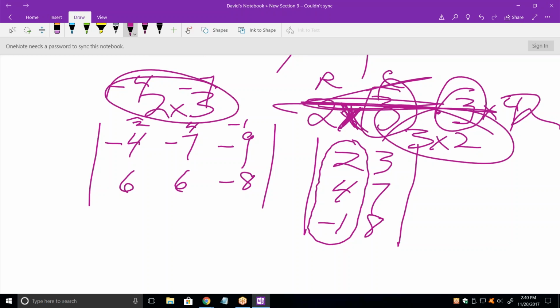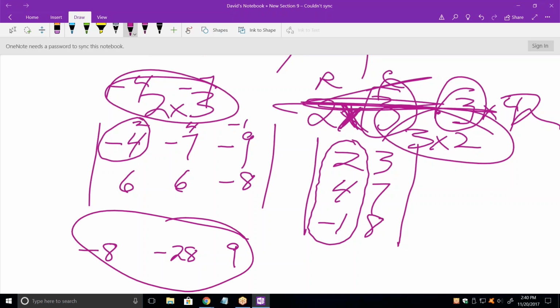Now I'm going to multiply that to get -8. That one becomes -28. That one becomes +9. Add those 3 numbers together, and you get your first cell in your answer. In other words, you get that cell right there.